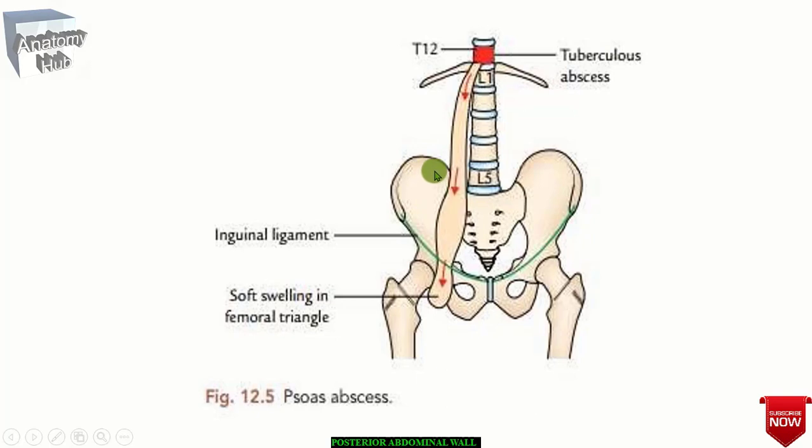This pus can also enter the psoas sheath from the posterior mediastinum through a gap deep to the medial arcuate ligament, and that pus may then spread downward along the psoas muscle under the inguinal ligament into the femoral triangle, where it produces a soft swelling.